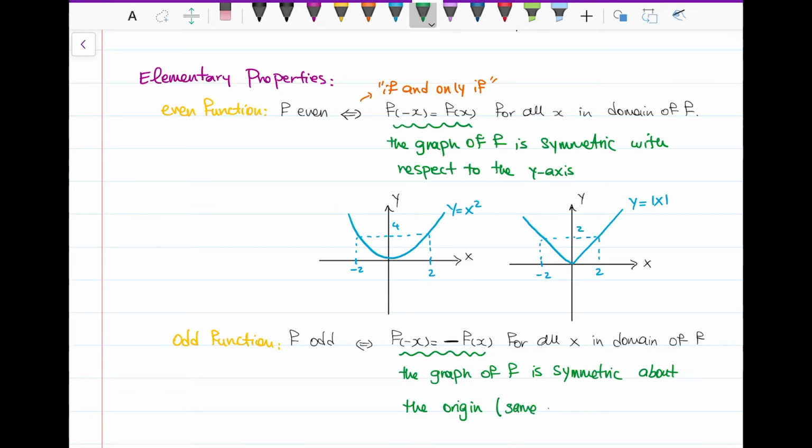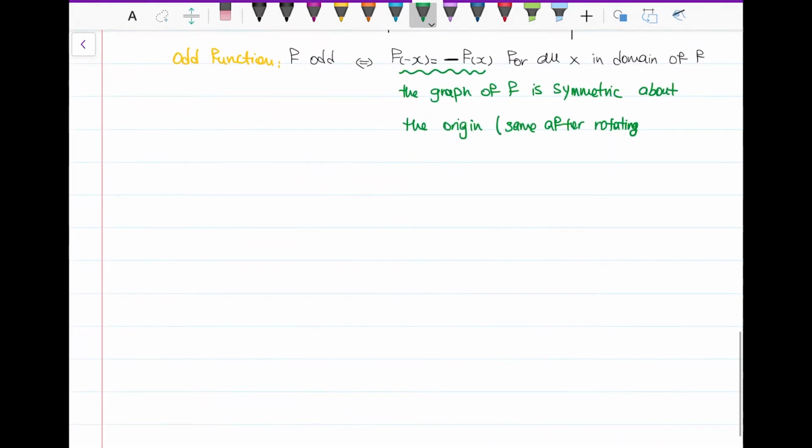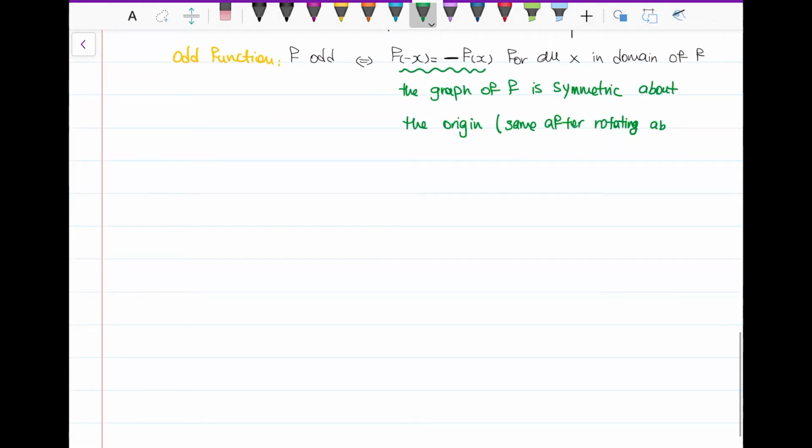It's the same after rotating by pi about (0, 0).